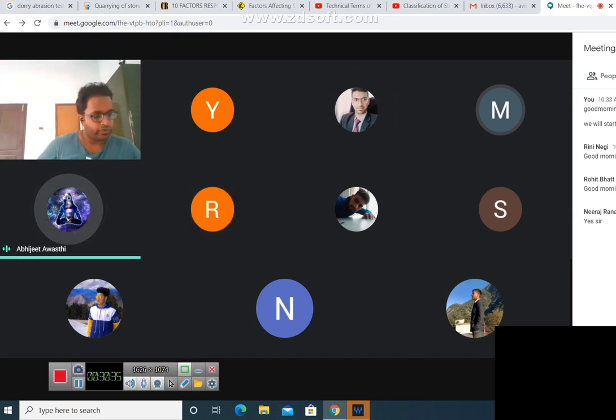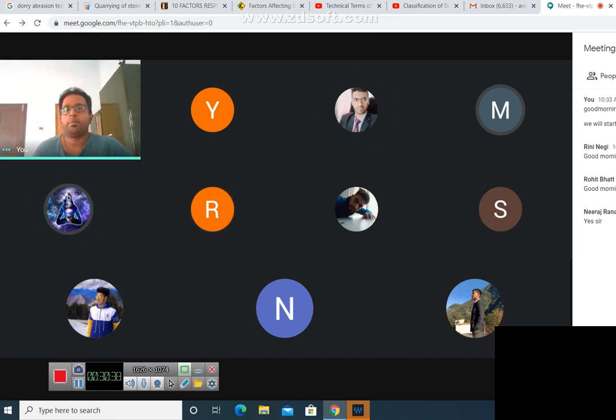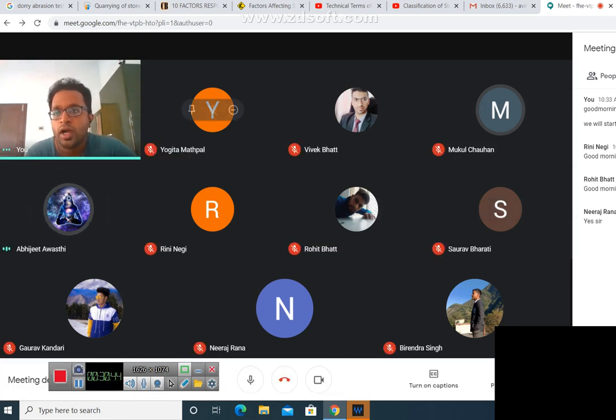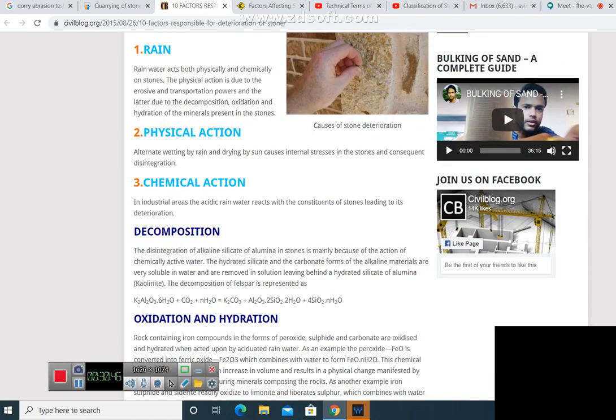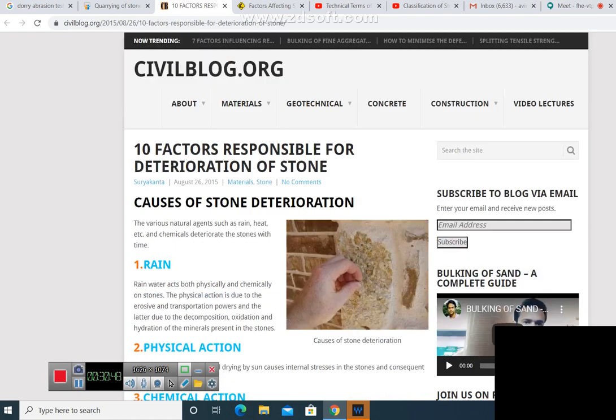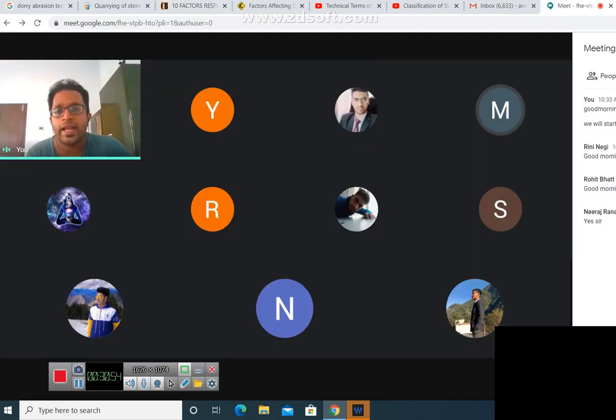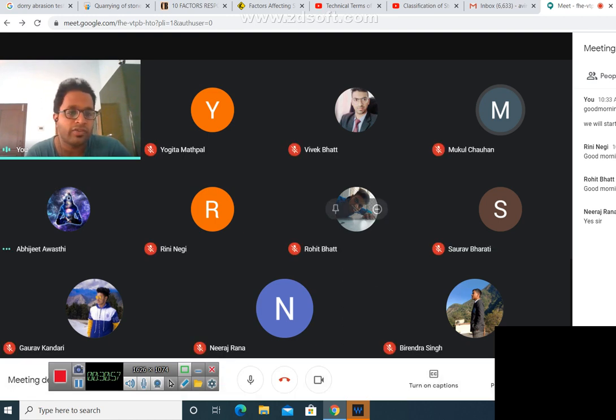So, next we are going to see about the deterioration of stones. What do you mean by deterioration of stones? Actually, there are certain factors. Once you are using a stone in a construction site, there are certain factors which will affect the quality of the stones.